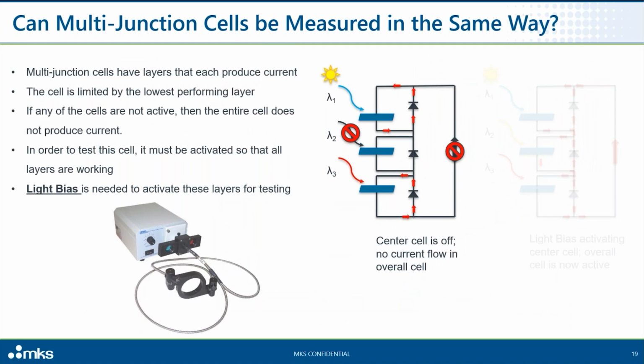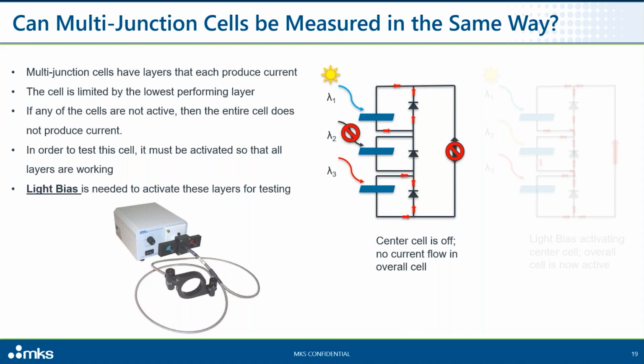So everything I've talked about is really related to a single cell style of solar cell, but what about multi-junction cells? I also noticed in the polling questions, there's a lot of people working on multi-junction cells. So can this be measured in the same way?